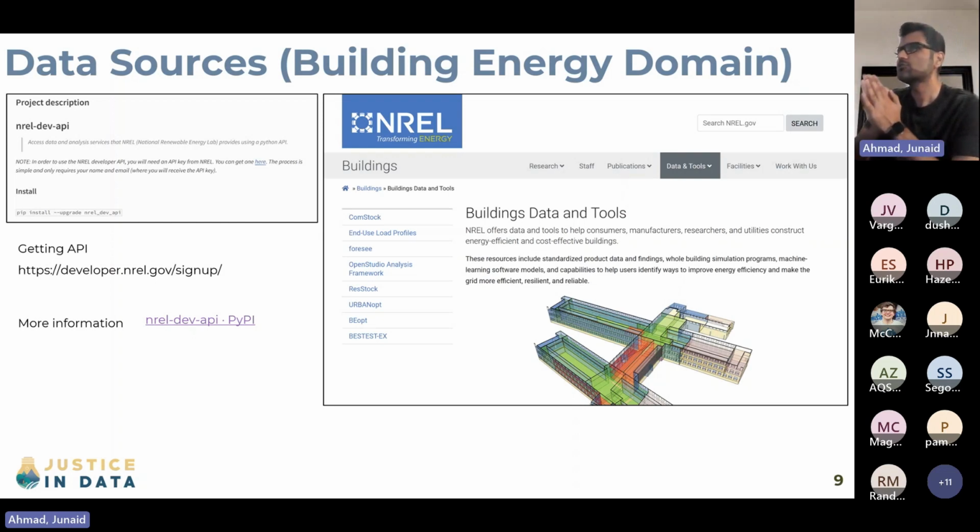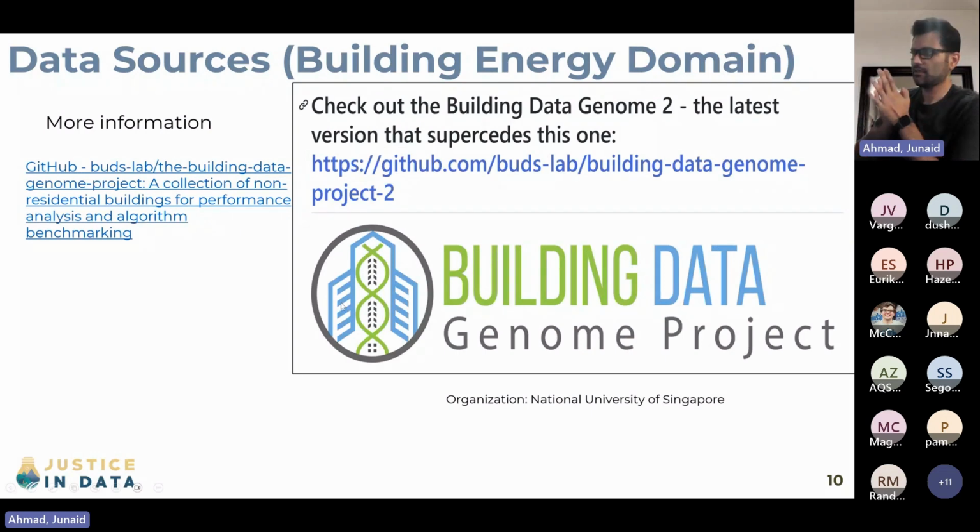Another thing: in the last presentation, you also heard about GitHub. GitHub has a lot of data available, in different repositories. One of them, for example, is the Building Data Genome Project. It's an entire project, and I think we have one of the activities in this module related to downloading data from the Building Data Genome Project using GitHub.